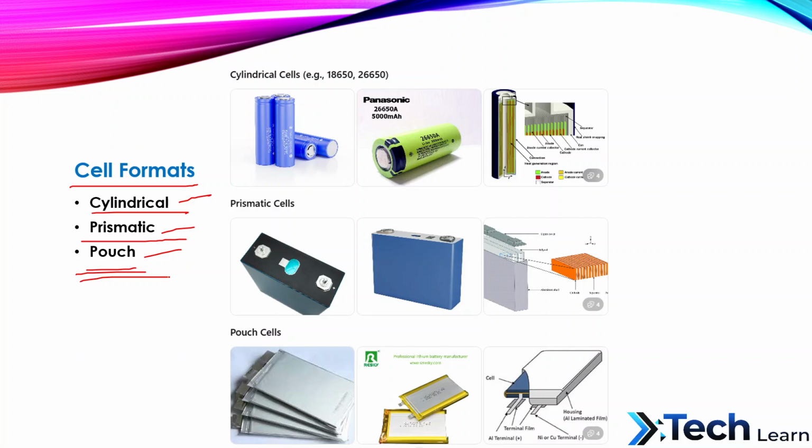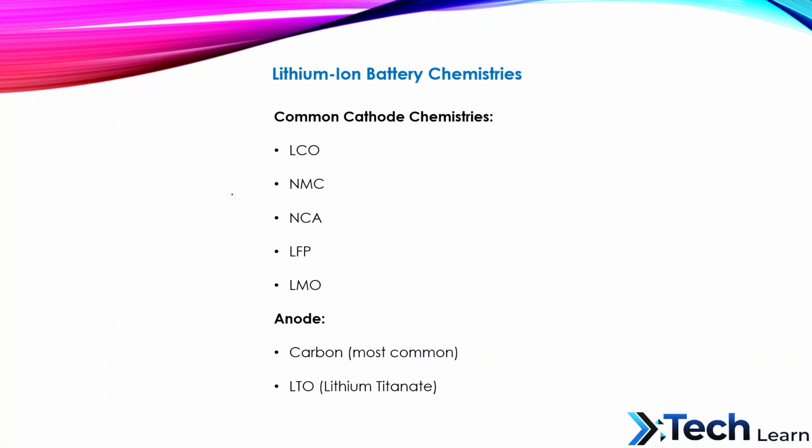Then what are the different chemistries of lithium-ion? Here you can see we have listed common cathode chemistries and anode chemistries. Depending upon these chemistries, the lithium-ion cells vary, where the battery chemistry mainly refers to the cathode material. Different chemistries offer a trade-off between energy density, safety, cost, and cycle life.